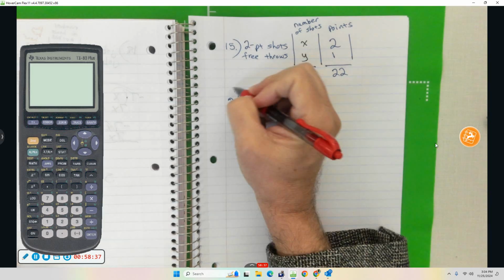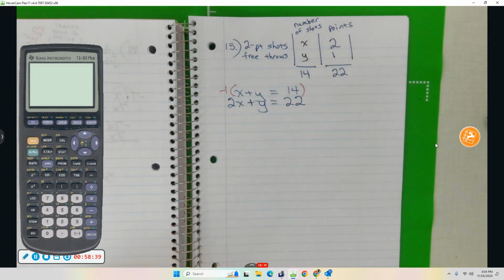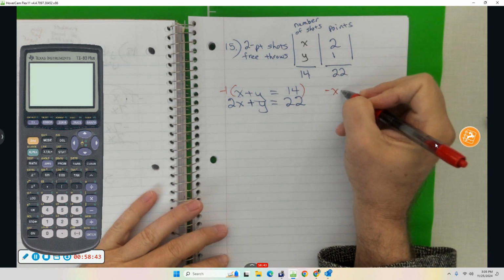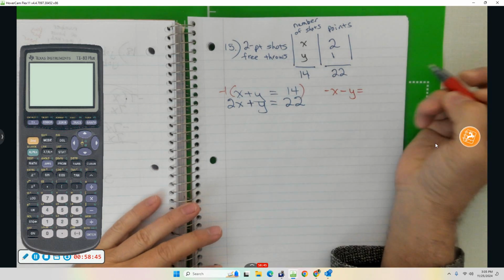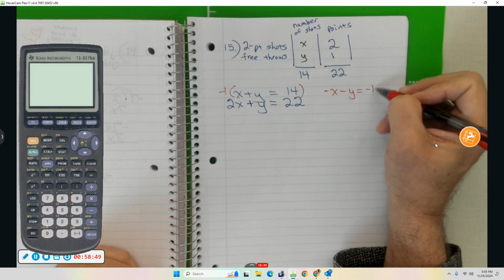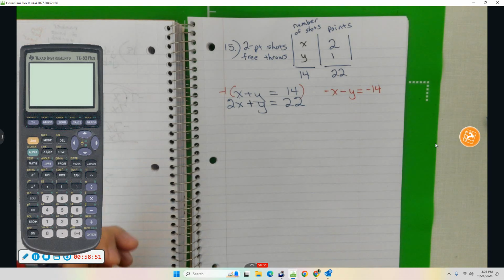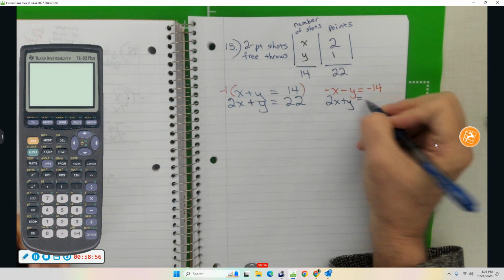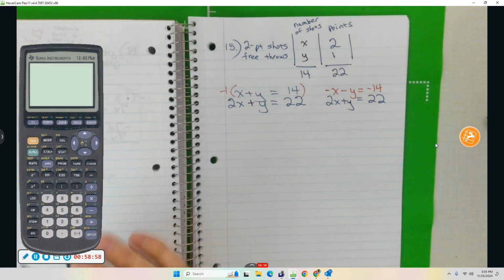Okay, that's the one I'm going to do. Multiply by -1. So we get a -1x minus y equals, what's that going to give us here? -14. We still have the 2x plus y is equal to 22.